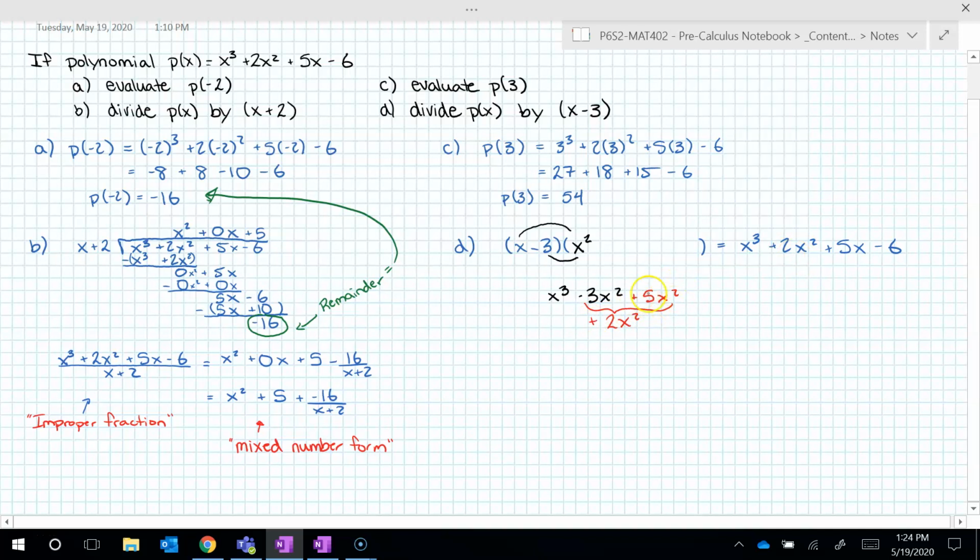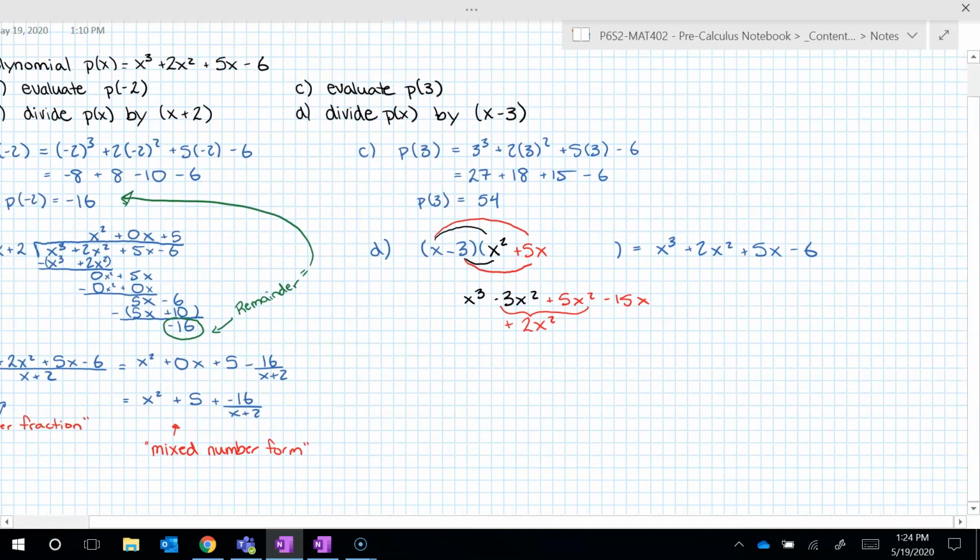So how am I going to introduce those 5x squareds? By multiplying x times 5x. That will give me my 5x squared term that satisfies the x squared requirement here. But I'm not just multiplying x by 5x, I'm also doing negative 3 times 5x, so that makes negative 15x.